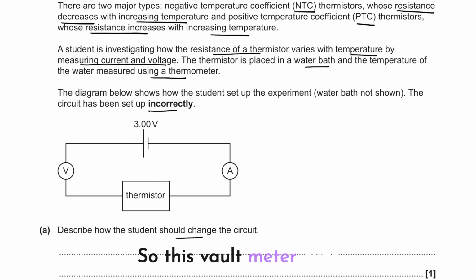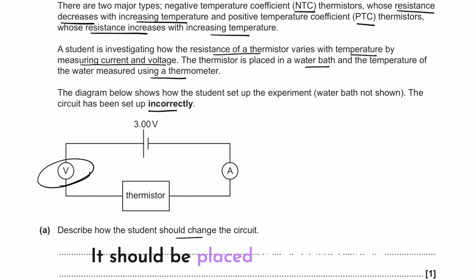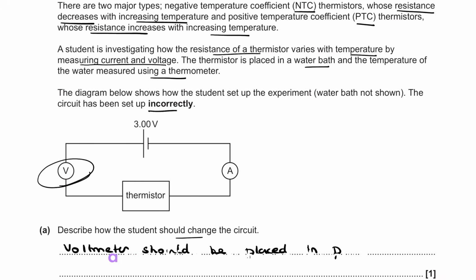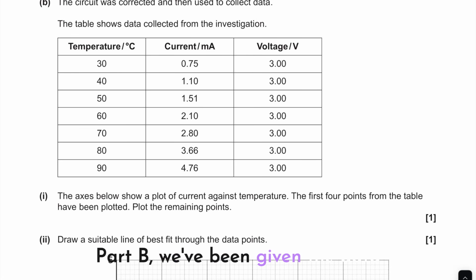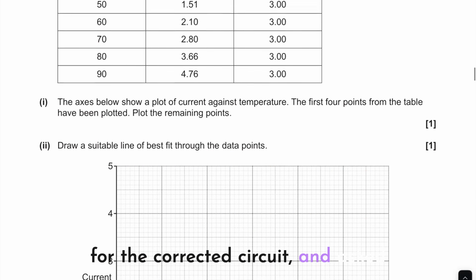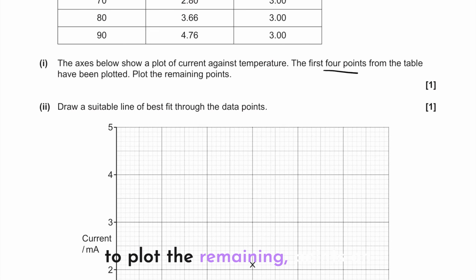So this voltmeter over here shouldn't be in series. It should be placed in parallel, and that is because the voltmeter has a very high resistance. It would prevent the current from flowing through the circuit if placed in series. Part B. We've been given the data for the corrected circuit and asked to plot the remaining points on the graph.